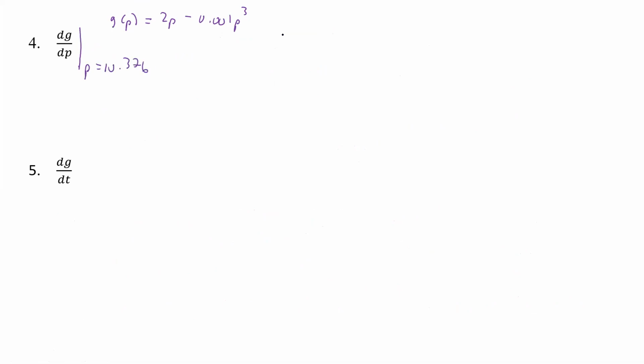And so I need to find that derivative. So G prime of P is equal to 2 minus 0.003 P squared. So again, all I did was take the 1 times 2 and got 2. That's going to be P to the 0, so that's gone. And then I bring the 3 down times that, so it's going to be 0.003. Then it becomes a 2. And so when I plug that in, that's going to be 2 minus 0.003 times 10.376 squared.